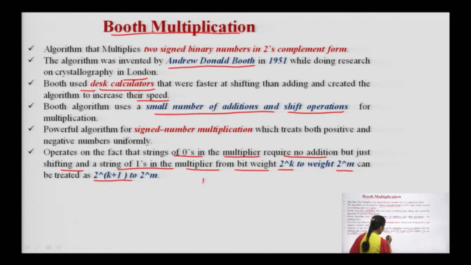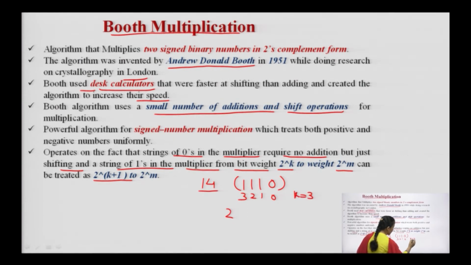That is, if my number is 14, this is represented like this. Here I will write k equal to 3 and m equal to 1, because my 14 has ones from 2^3 to 2^1.